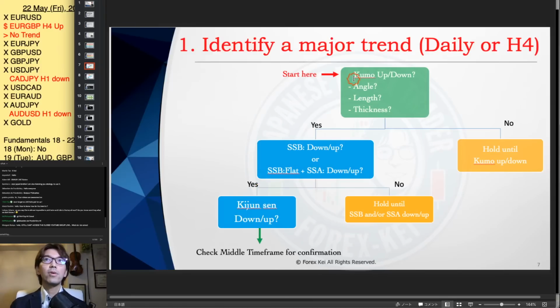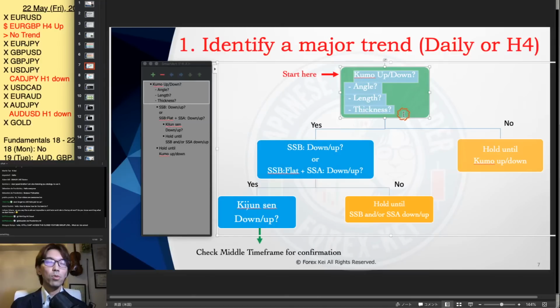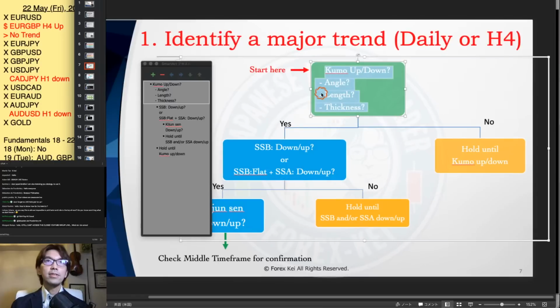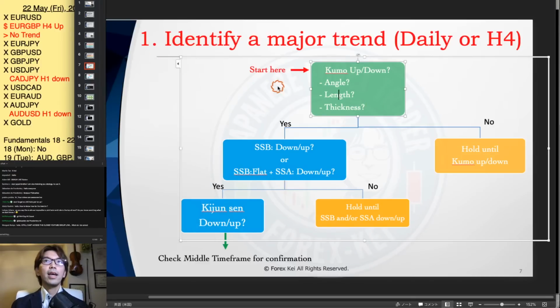First, I look at the Ichimoku Kumo cloud, and I look at the angle of the Kumo, the length of the Kumo, and the thickness of the Kumo. If the Kumo is moving up, the length is long enough, and the Kumo is thick enough, then I move on to the next question.